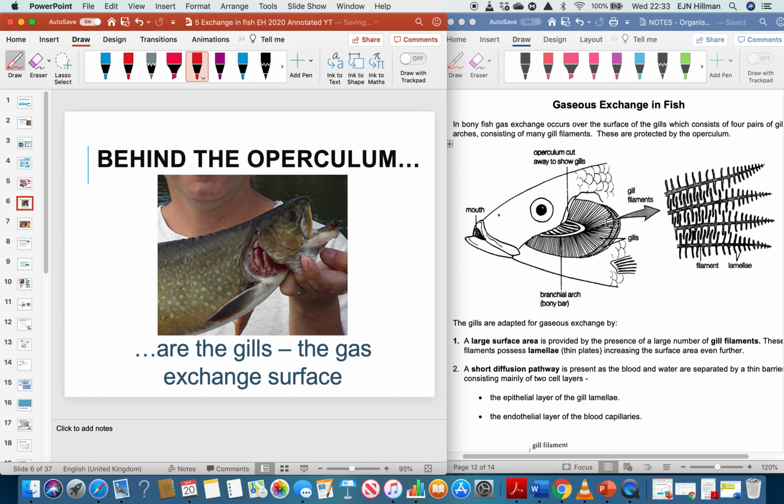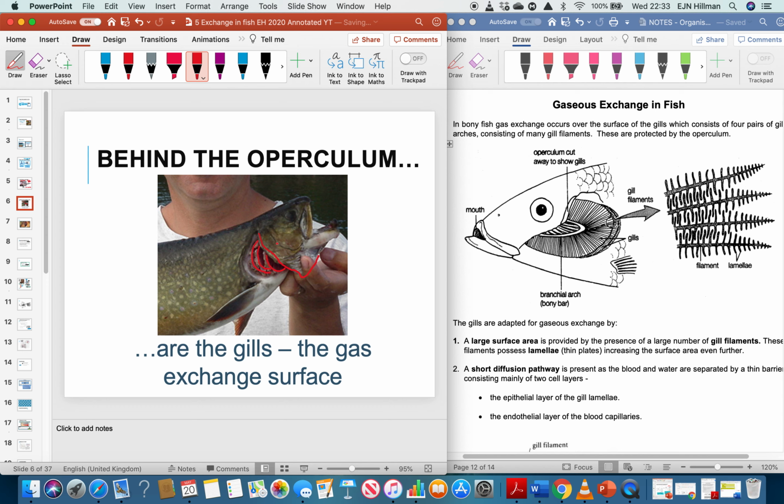Underneath the operculum, so there is the operculum, there's the muscular part. Underneath we can see these gills. Okay, and they're on a number of arches. So here I think we can see 3.